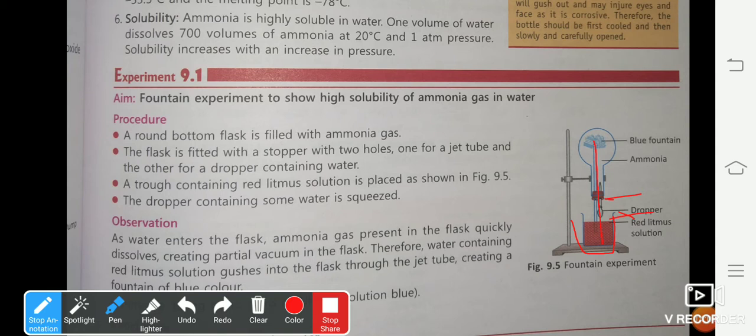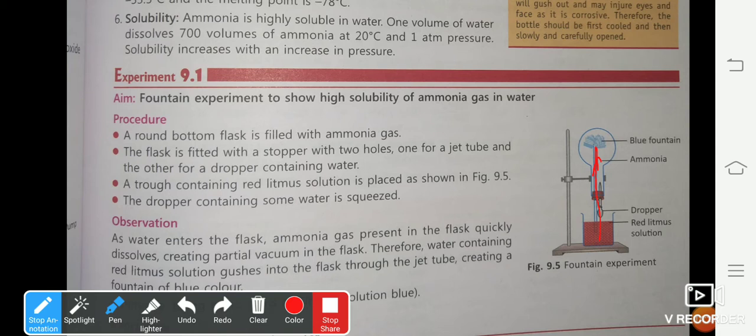Therefore, it will lead to a decrease in pressure inside the round bottom flask, due to which this red litmus solution rises up in the inverted round bottom flask. Once it starts coming out as a jet inside the flask, the color of the litmus changes from red to blue.